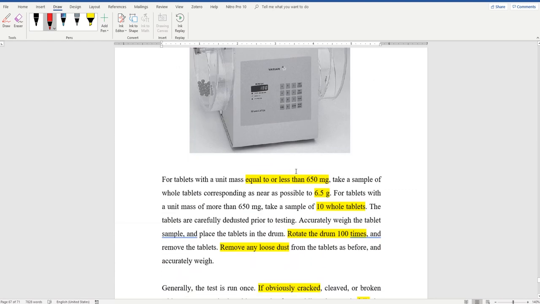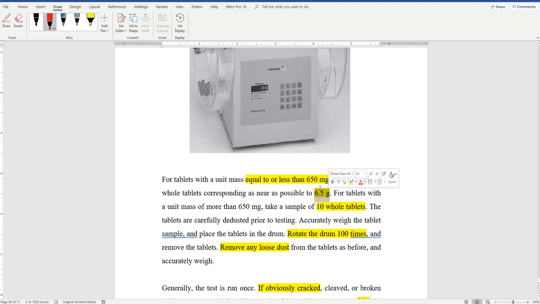You need to take as close as possible to a total of 6.5 grams of tablets. This can be 18 tablets, 15, 30, 25, depending on their weights. So I need a total weight for the tablets as near as possible to 6.5 grams.